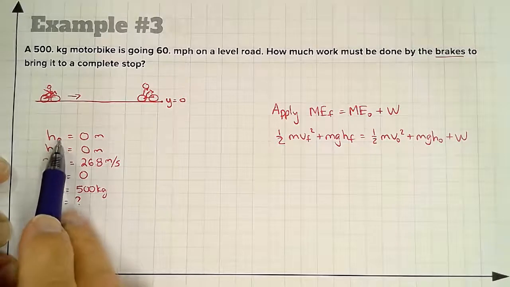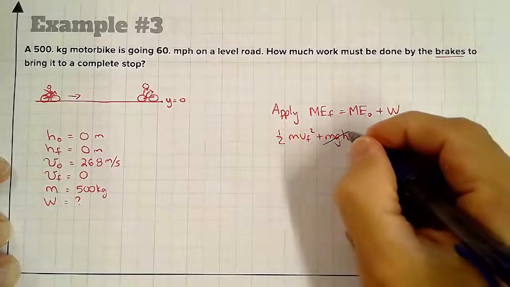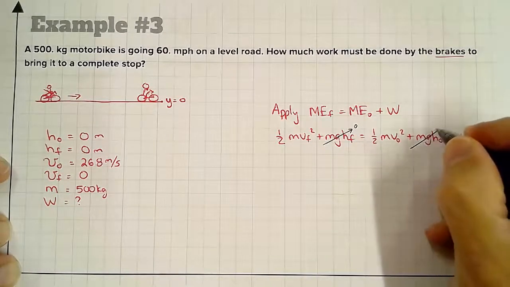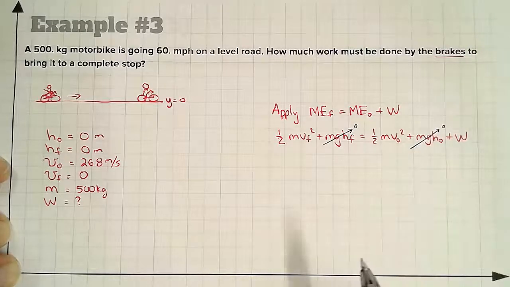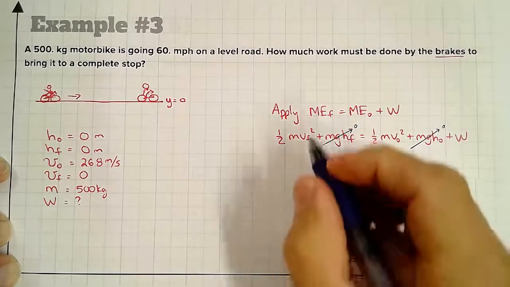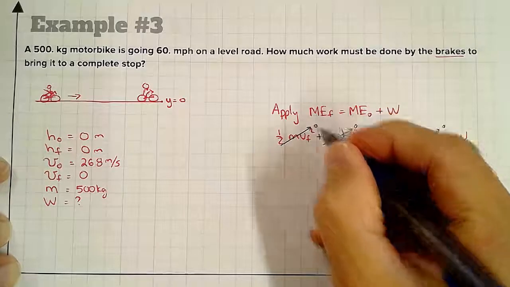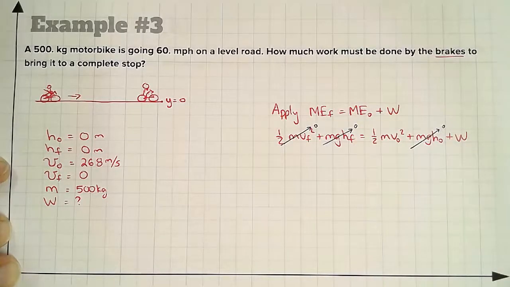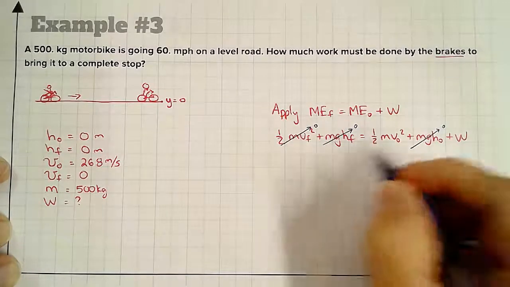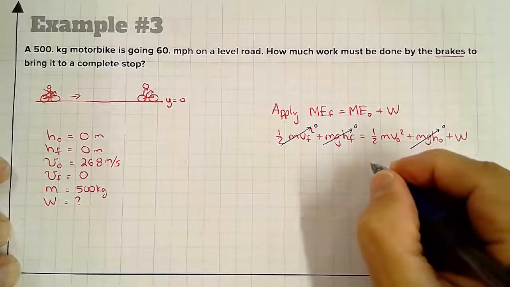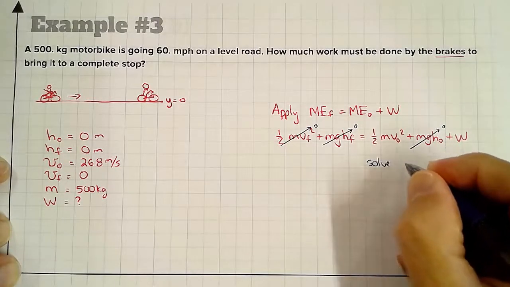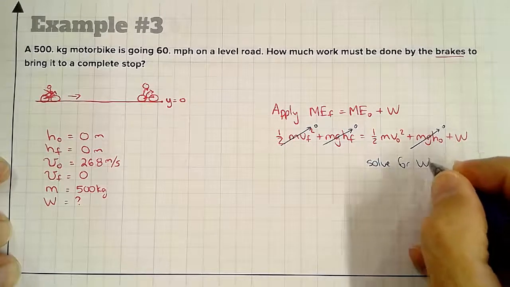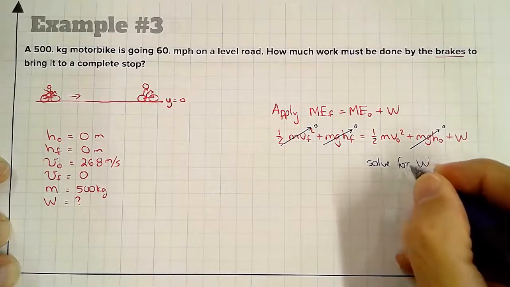Now, because the final height and initial height are 0, potential energy doesn't really come into play in this problem. The potential energy doesn't change. Also, because the final velocity is 0, this term goes away. And our plan is to solve what remains for the work, the energy transferred into or out of the system.